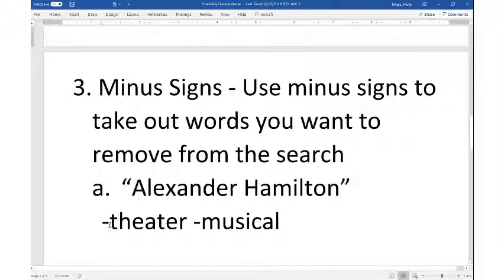By taking a minus sign and putting the word theater and minus musical, it's going to get rid of any results where the word theater and musical appear. And that way I can focus more on his struggles as well as his successes. And that's kind of what I want. Even though the musical's about his life, I don't want the information about the musical. So minus signs can help me narrow down my search.